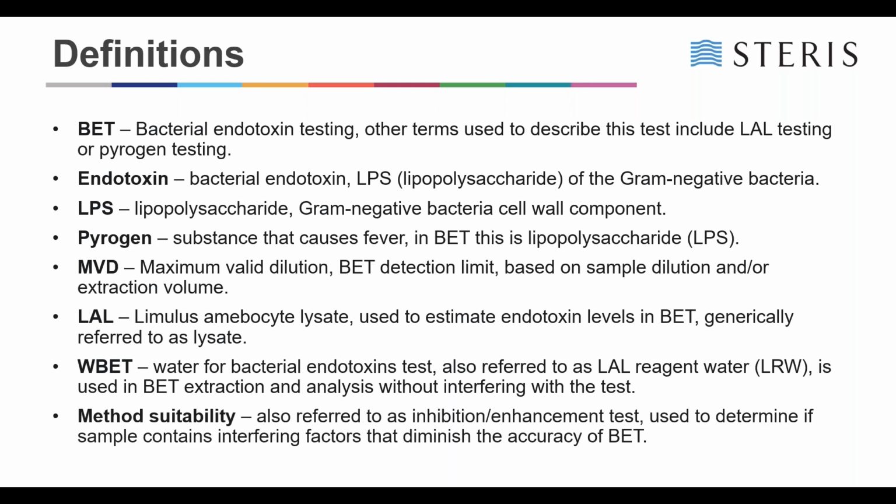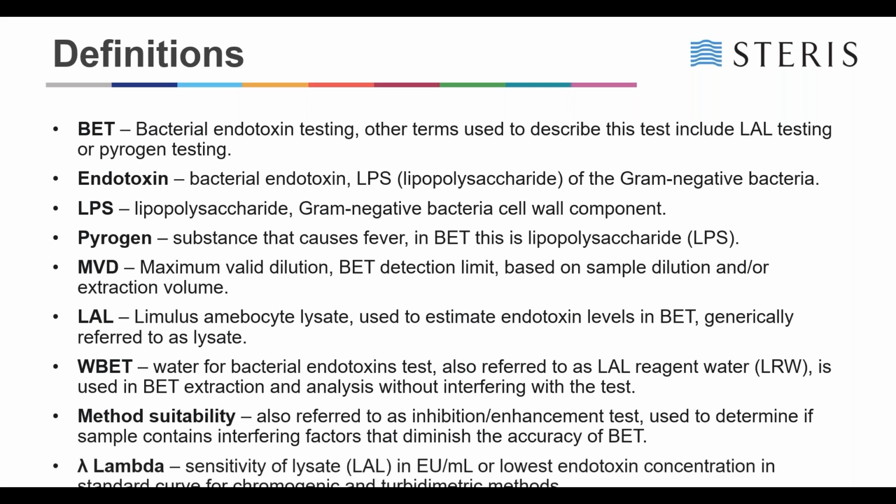Our next concept here is method suitability. It's also referred to as inhibition or enhancement testing, and it's used to determine if there's any interfering factors that will cause inaccuracies of the BET test.